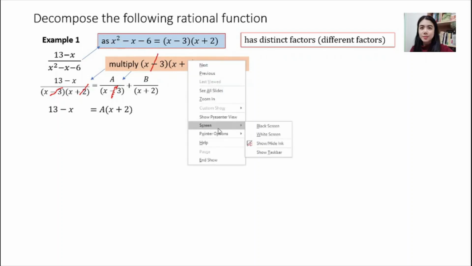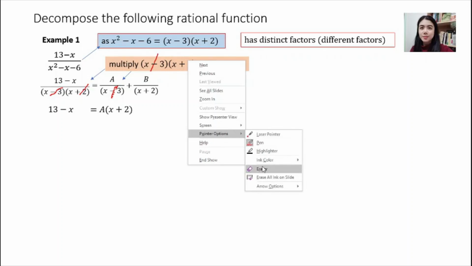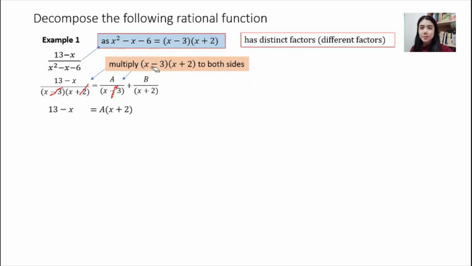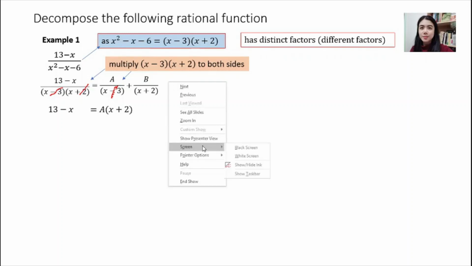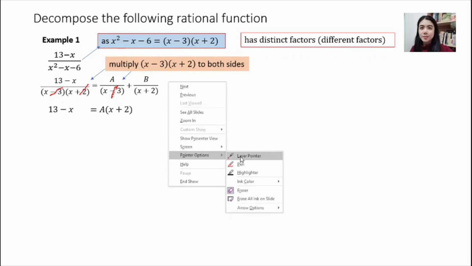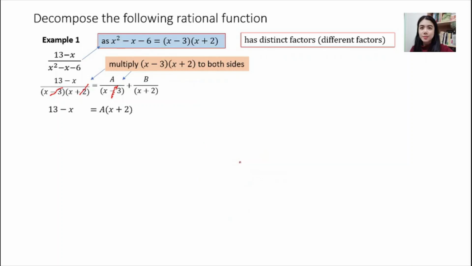Multiply the last item that you see here, okay, with the denominator, that is, you have x minus 3 and x plus 2 multiplied with this fraction. So basically this one and this one you cancel.